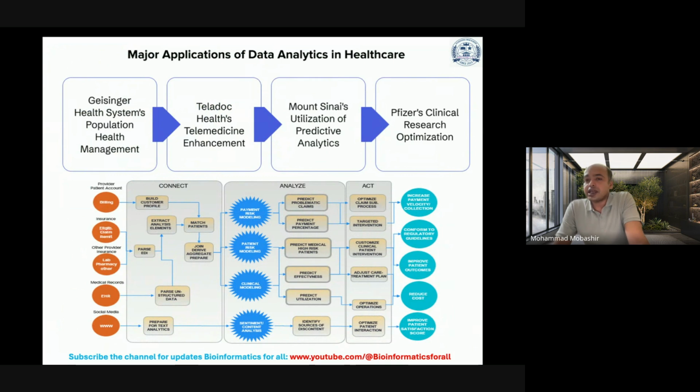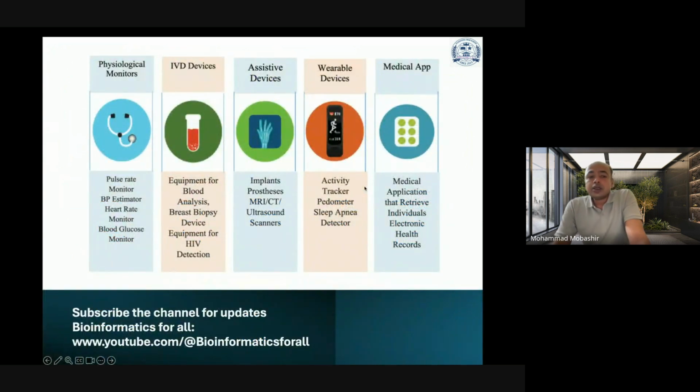Now, how will you think about the real application of data analytics in case of healthcare and management? So this is the layout where you can think how to connect, how to analyze, and what to take the decision. Now, you can think about the different types of data sources in healthcare system. For example, you can receive the data from physiological monitors where you will be getting pulse rate monitor, BP estimator, heart rate monitor, blood glucose.